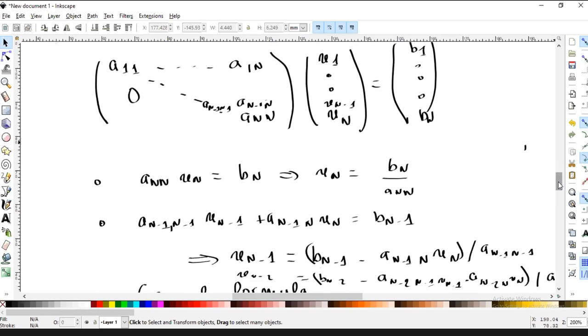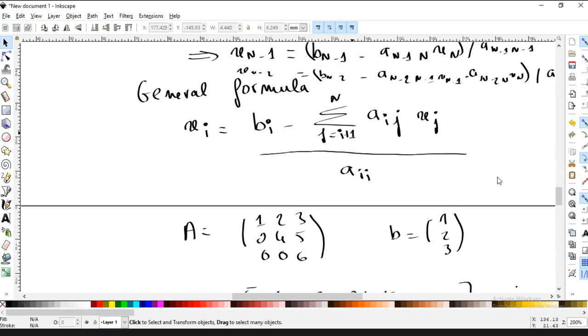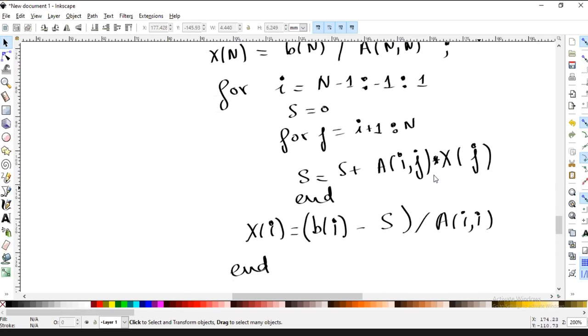Okay, so for a lower triangular matrix, instead of this, you will go from j equals 1 till i minus 1. And you will not start from n minus 1 going down, but you will start from the value 2 till n.